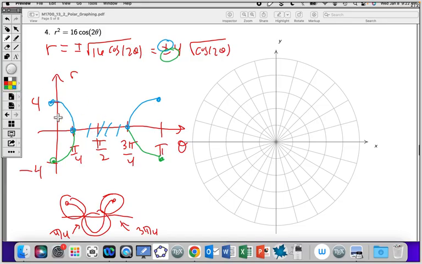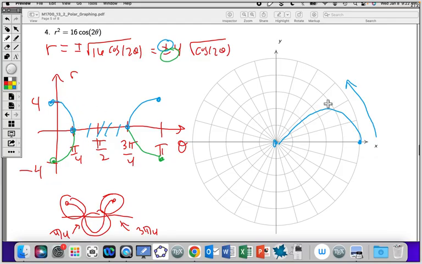Because as we go from 0 to pi over 4, so here's the pi over 4 here. I go from 4 back in to the origin. So here we go. So 4 out, and I'm going to come back in. Right? It's very steep here, though.